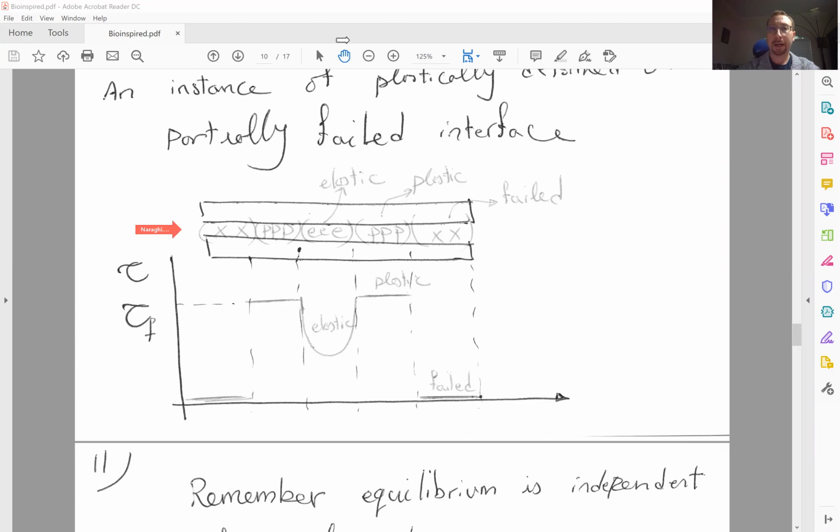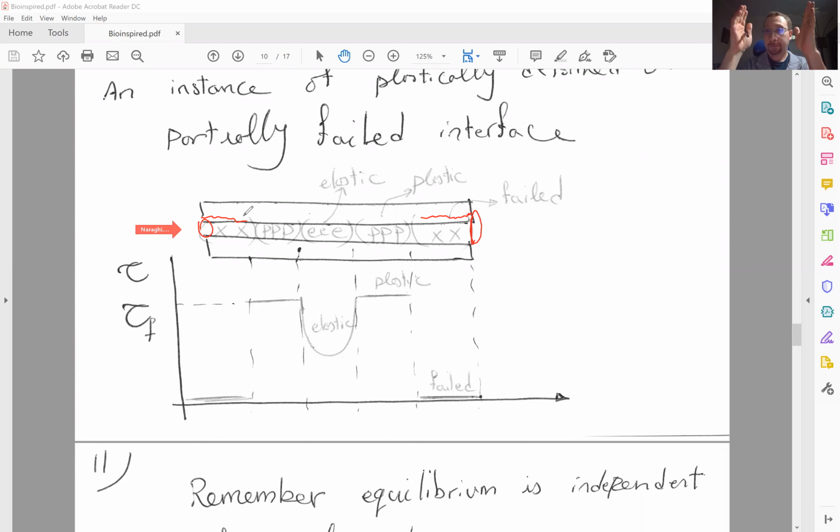Initially, when I reach the critical value of the load, this portion and this portion of the mortar will start deforming plastically. When I increase sigma zero, this plastic region will grow here and here. It starts to grow from the two ends.